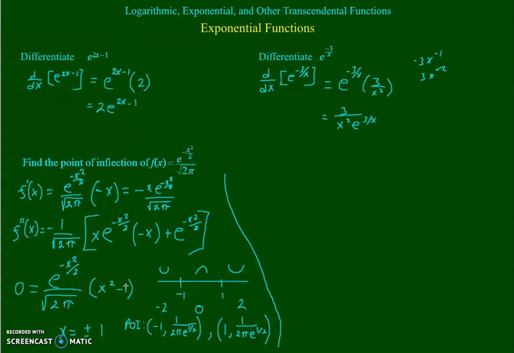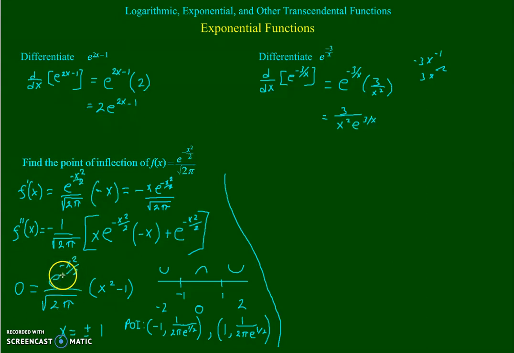Now to find our potential points of inflection, we know that they exist when the second derivative is either 0 or undefined. Well, what we end up having, if we multiply both sides by the square root of 2 pi, that disappears, and so we just have this product. Since there's no way for this exponential to go to 0, nothing you put in here is going to drive this expression to 0.